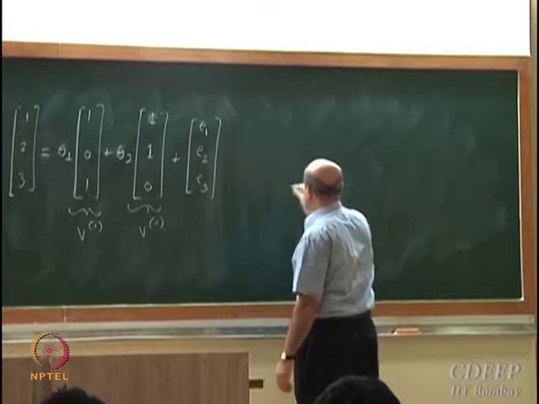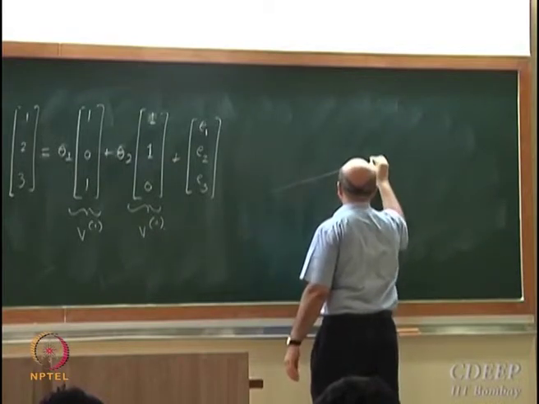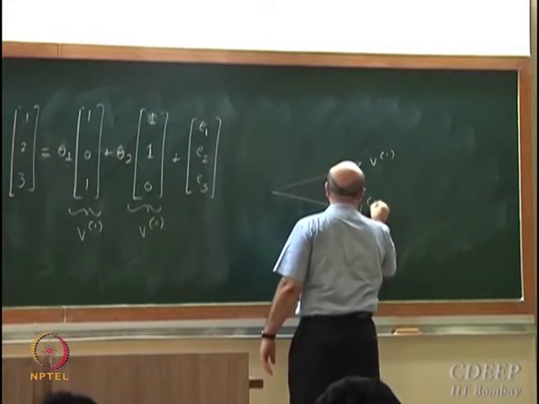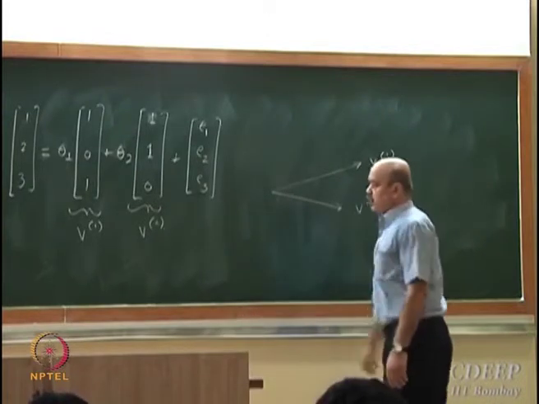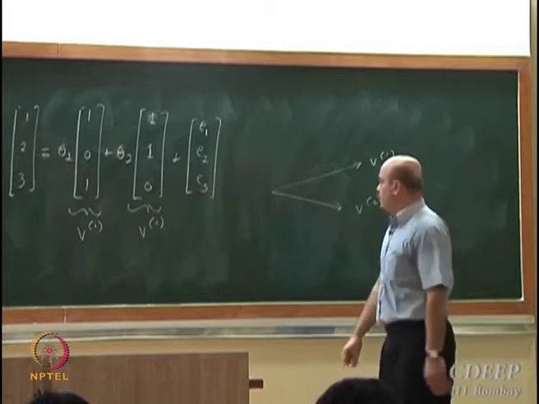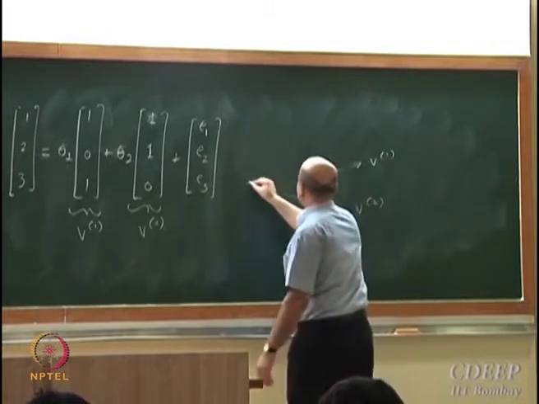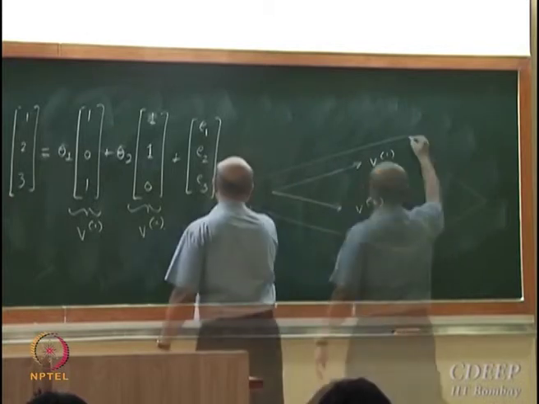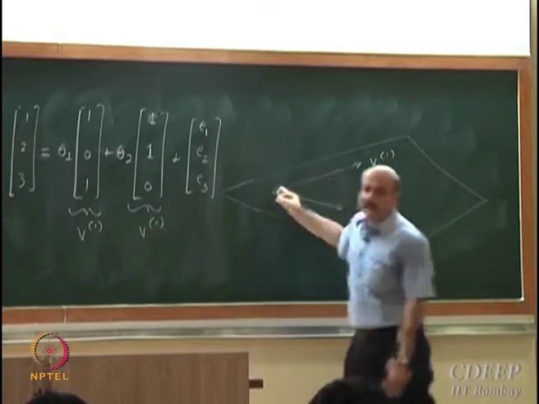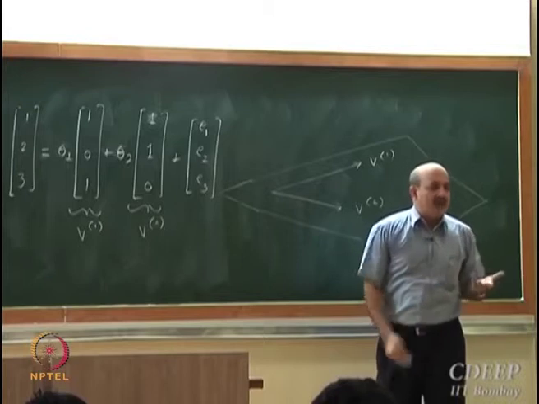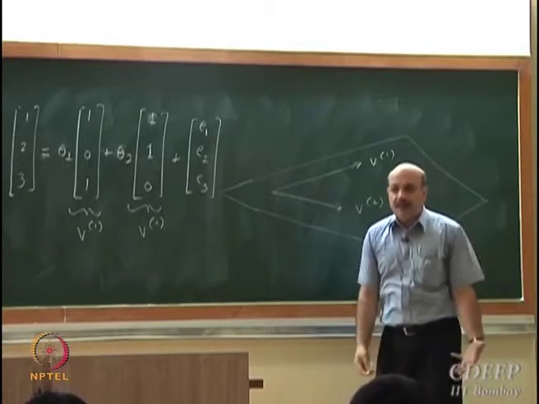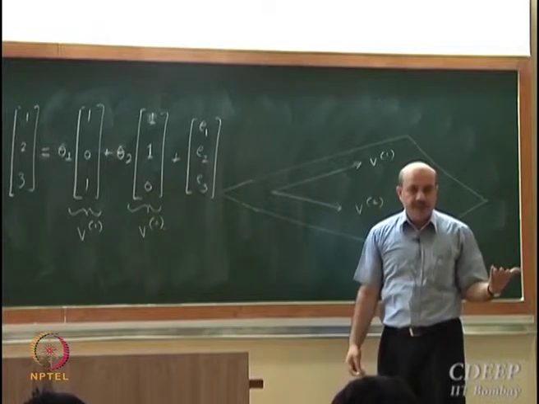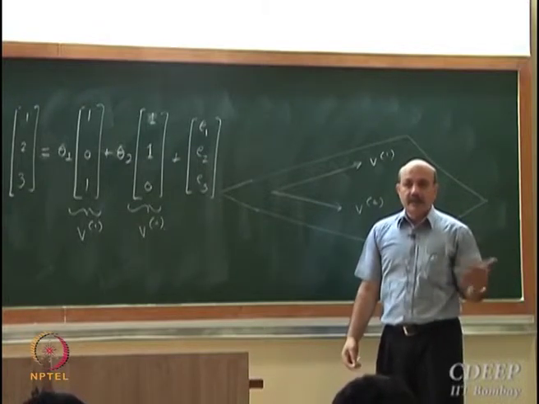Okay, let's say this is my v1 and this is my v2. What will it span? All possible linear combinations of v1 and v2. It will be a plane passing through the origin, right?